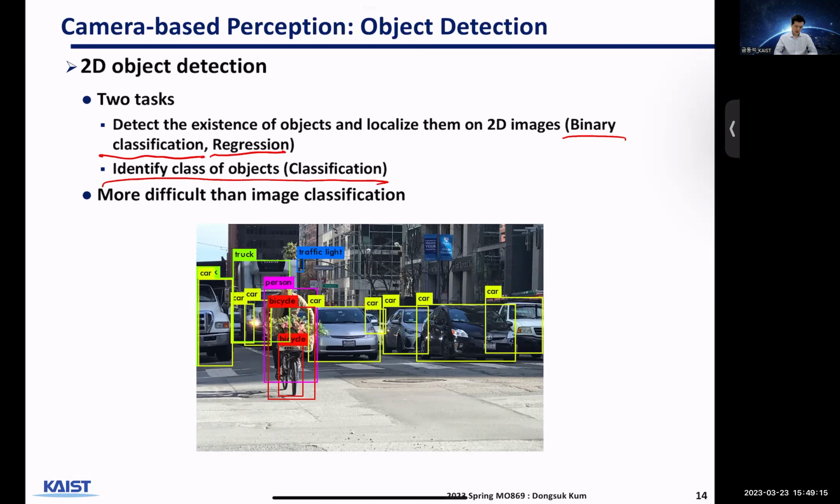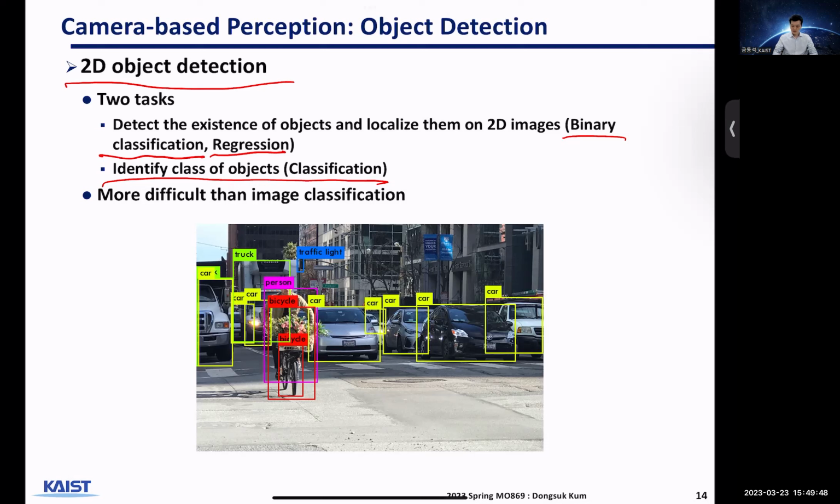And for robotic applications, we also need to identify where each object is. Because this localization is done in image space, this is 2D object detection, using a 2D bounding box. This is still necessary for traffic signs and traffic signals.